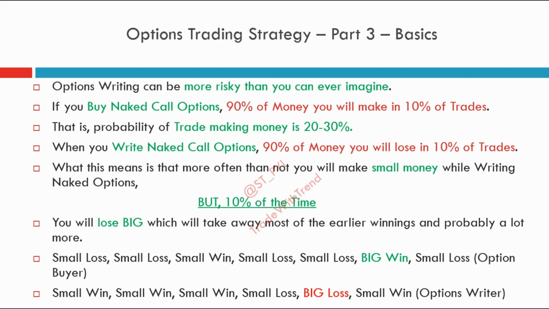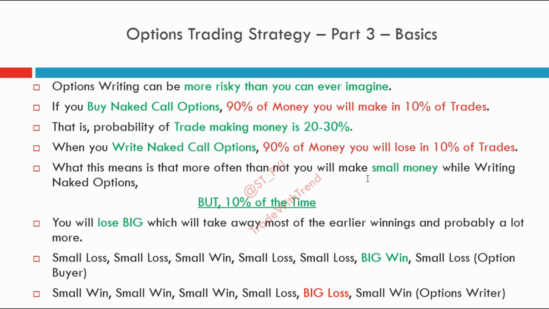And when you're writing naked call options or even put options, 90% of the money you will lose in 10% of trades. So look at the stark difference here. When you're an options buyer, 90% of the money that you make will come from 10% of trades. And when you're an options writer, 90% of the money that you've made, you will lose in just 10% of trades. That is, in case you're not careful, in case you don't know what the risk is.